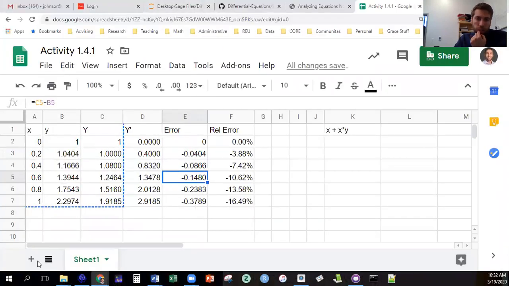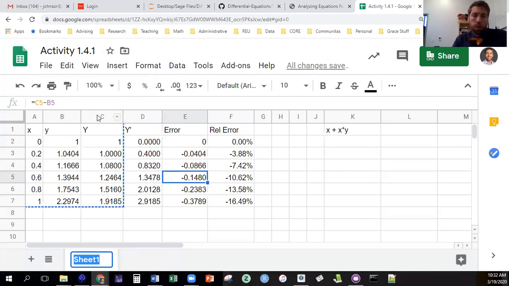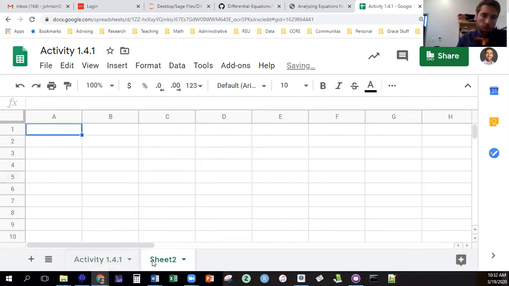So let's see, let's make a new sheet. We'll rename this one activity 4.1 and make a new sheet. We'll call that sheet example problem.